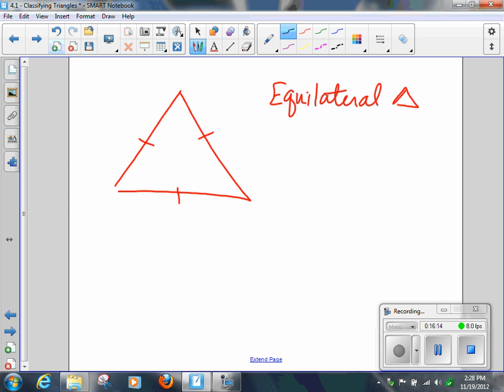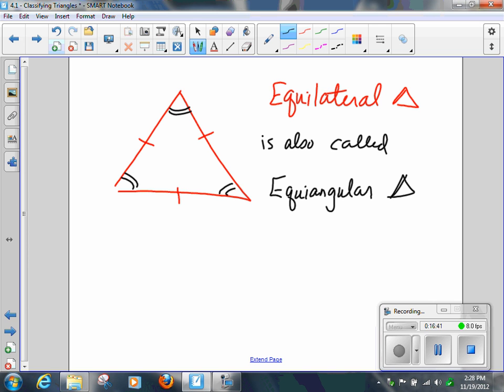So if I were to draw these little marks in here, an equilateral triangle is also called, it is an acute triangle, but to be more specific, it's called an equiangular triangle. But doesn't that make sense? What does the prefix equa mean?